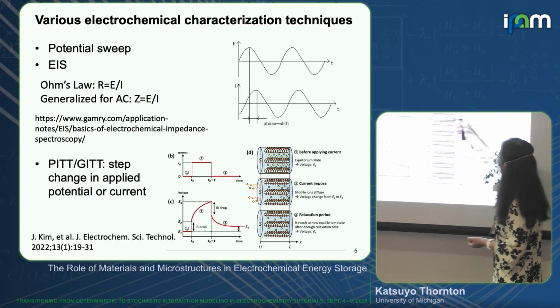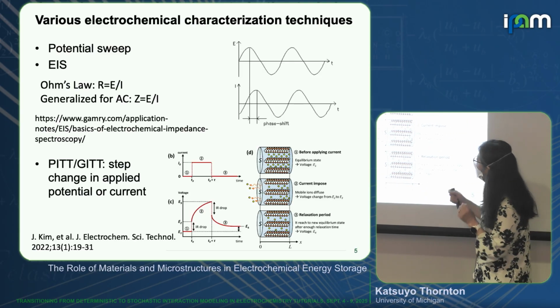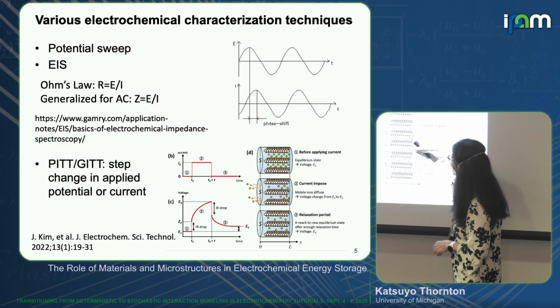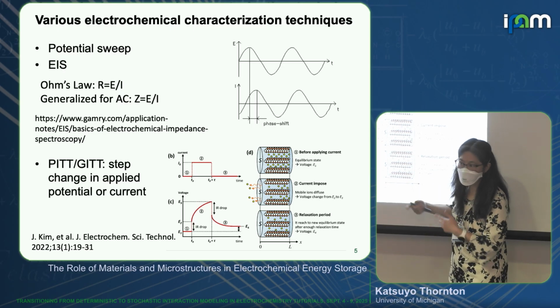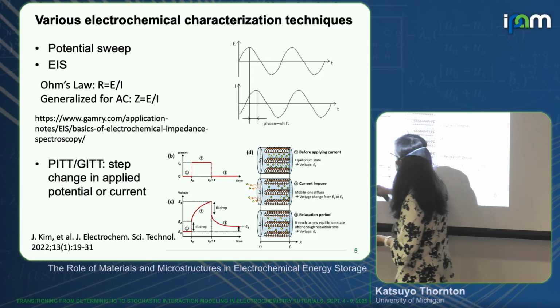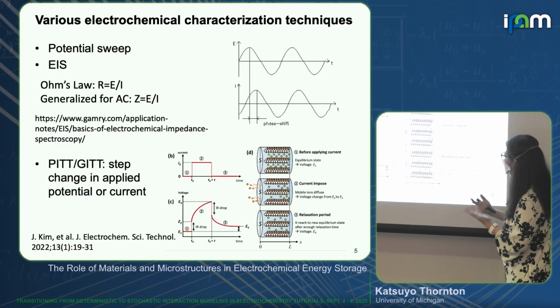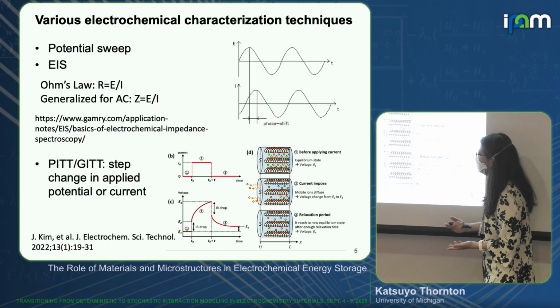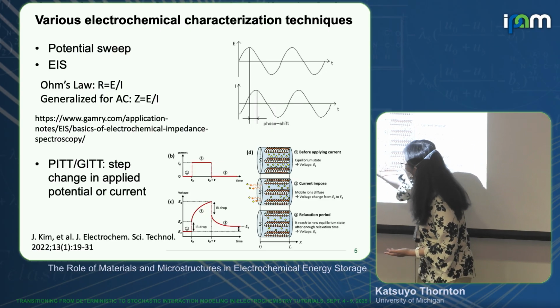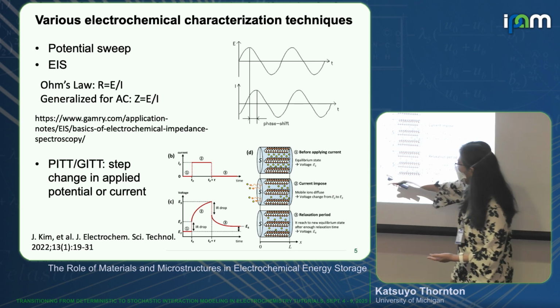Initially you have something like this, and you have instantaneous resistance. But then the system changes because you have ions that are moving around, and you have this decay-like feature, and then the system relaxes. And then you stop the current, and you go back to the original state like this.